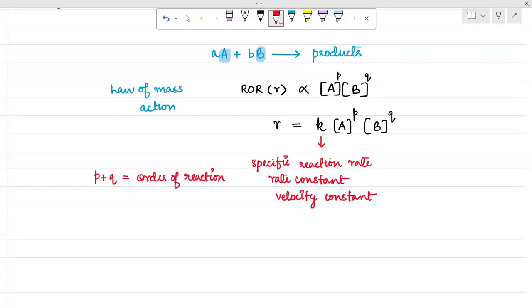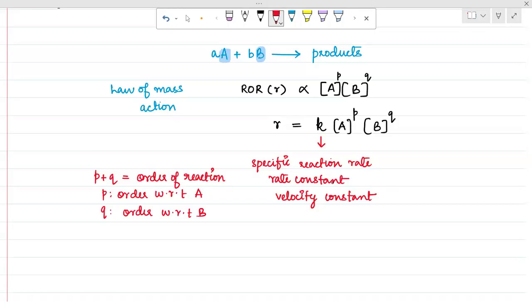I'll explain what that is. So we said that the rate is proportional to the active masses raised to some powers, and the sum of the powers is called order of the reaction. And if you take p alone, that is order with respect to reactant A. And if you take q alone, that is order with respect to B. And if you want the total order of the reaction, this is going to be p plus q.